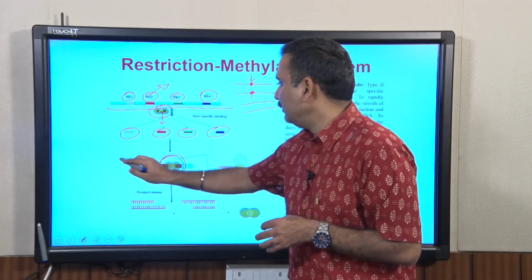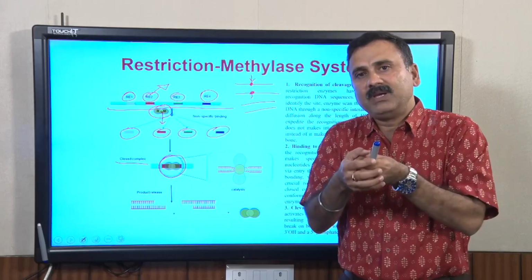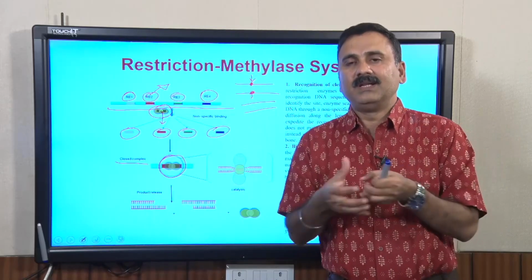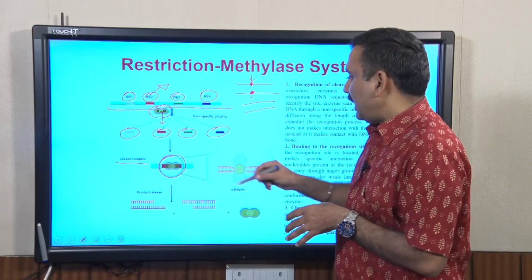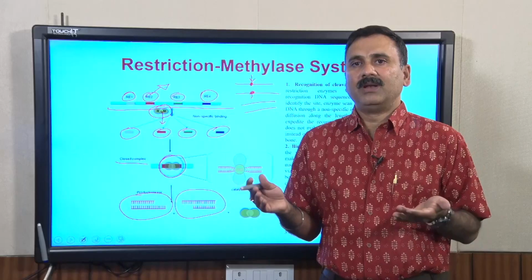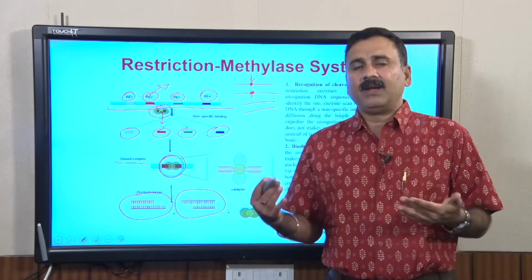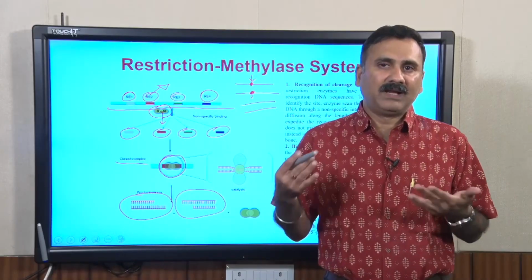And once it has formed the closed complex, which means the R activity is able to access the DNA, it is going to cut the DNA into 2 parts, and these 2 parts are going to be released. Once these 2 DNA fragments are released, the enzyme is also released into the solution, and it will again be ready for the next cycle of catalysis.